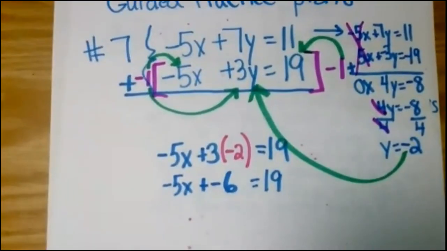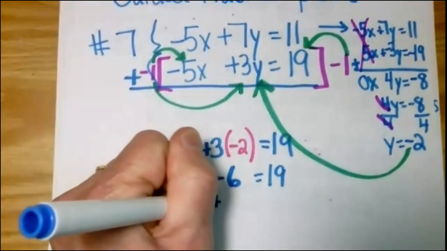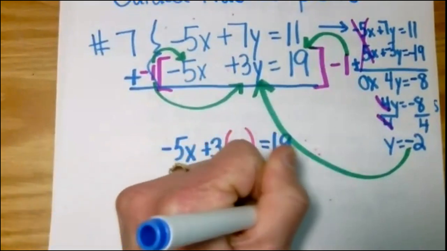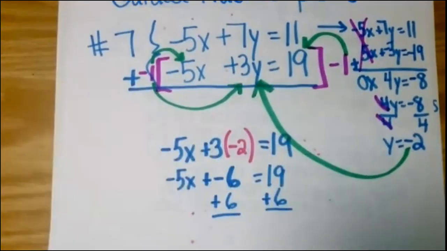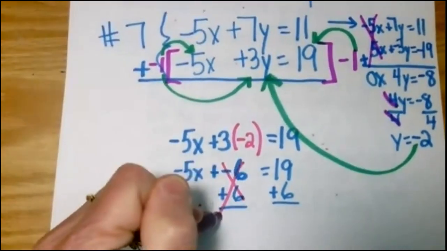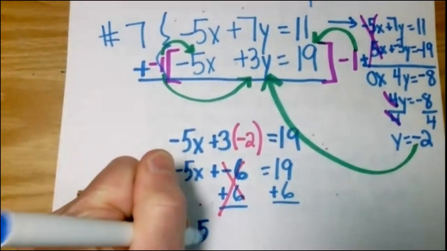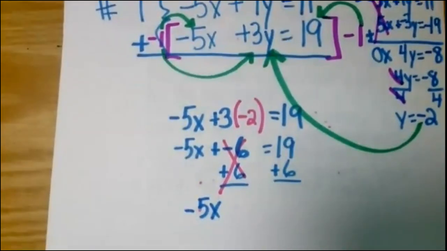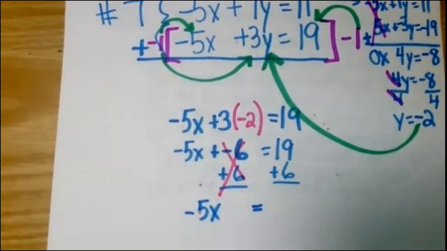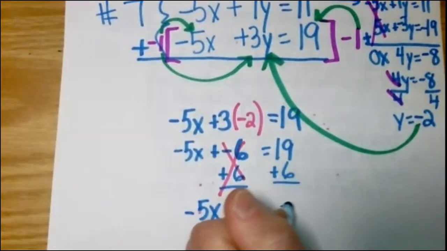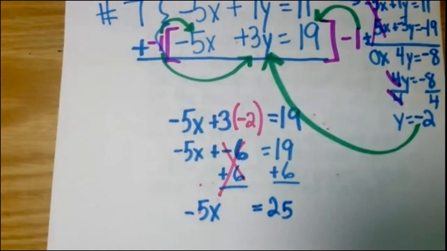Now I'm going to solve for x. I'm going to add 6 to both sides. That eliminates the 6's. I'm left with just a -5x equals 19 plus 6, 15, carry the 1, 25.